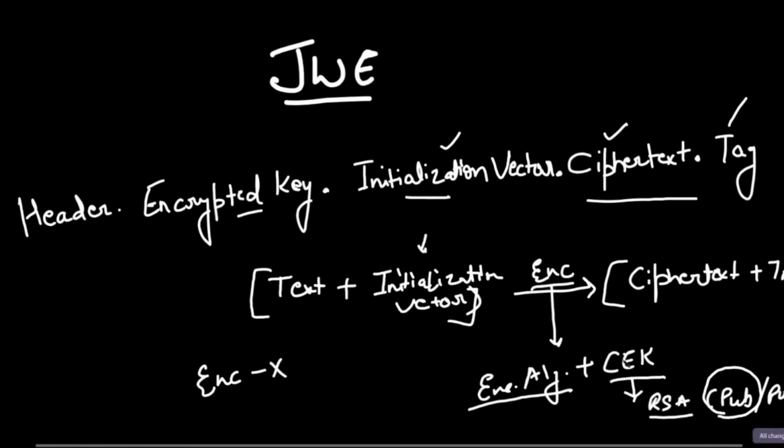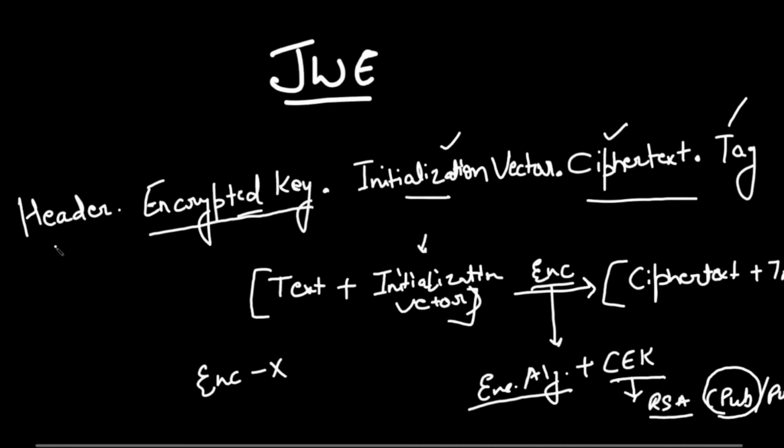So this content encryption key is encrypted using the public key of the recipient, and whatever is the output, we will put it here. That's why we call it an encrypted key, right? We cannot send it in a simple manner to a third party, because if somebody got the key, then he or she can obviously identify the text here, because they can decrypt it. So that's why we have encrypted the key as well.